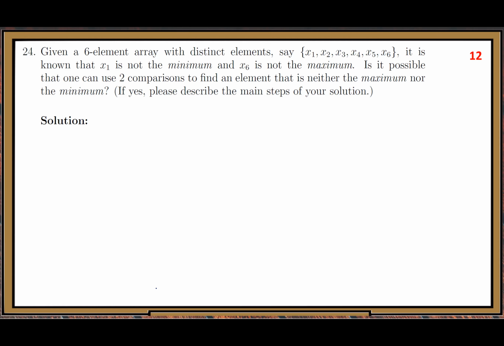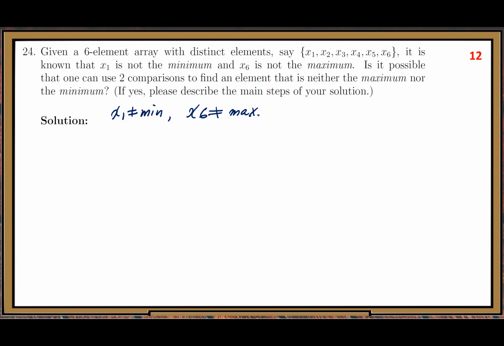This question, number 24, has 6 elements, and we know x1 is different from the minimum, and x6 is different from the maximum.